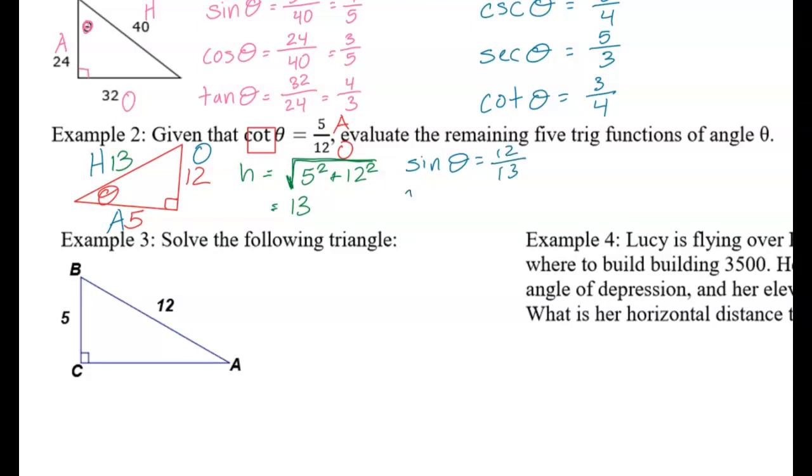Someone please tell me cosine. And what about tangent? Yeah. Wait, no. Yeah, 12/5. What about cosecant?